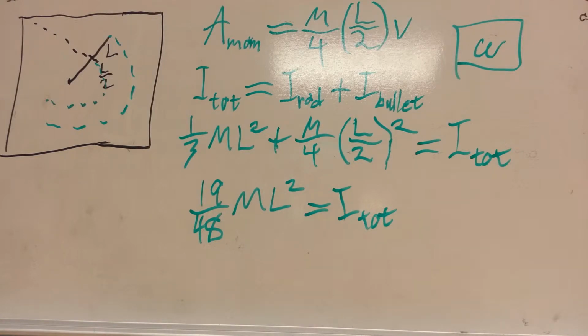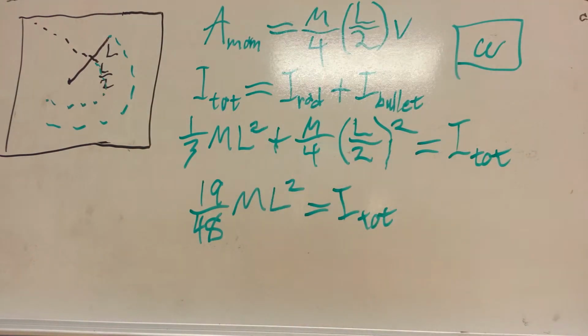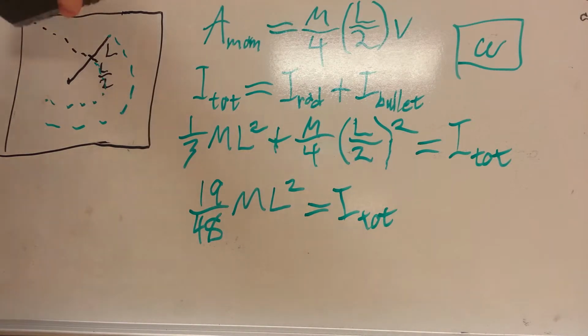Okay, so we have moment of inertia. We have the angular momentum of the other side. So now we can actually do stuff. Let's see. Better if I can write without destroying this. I'll erase my picture.